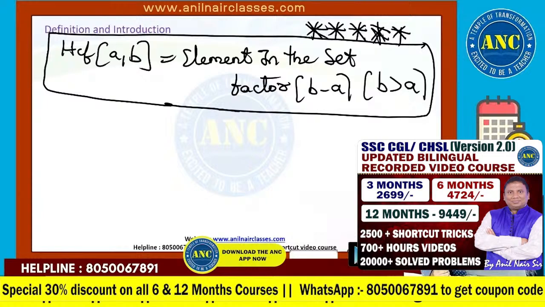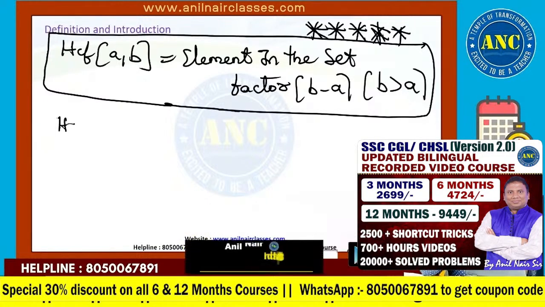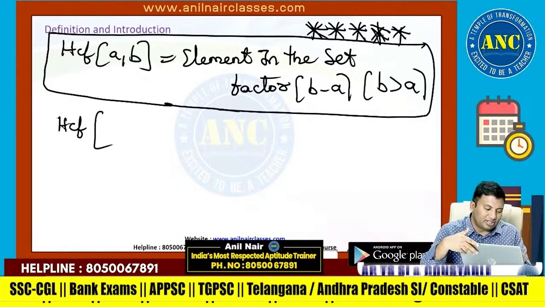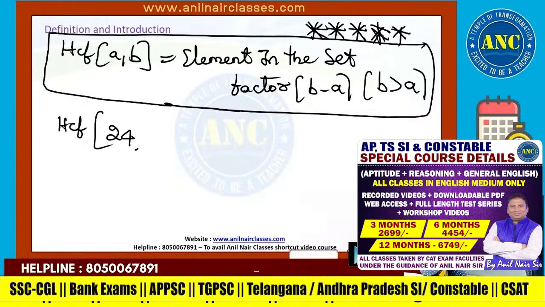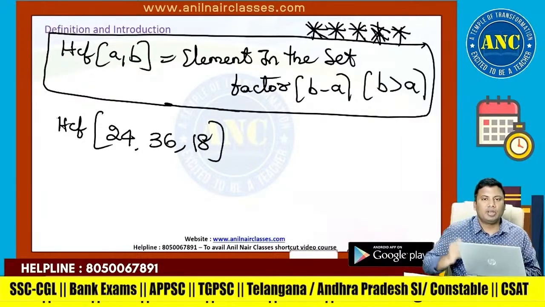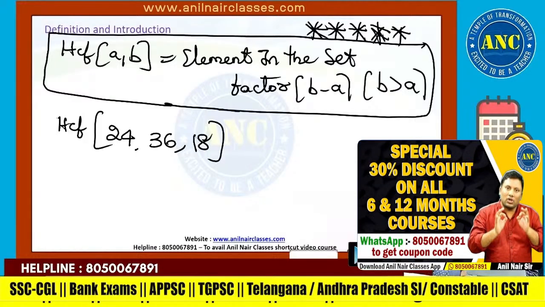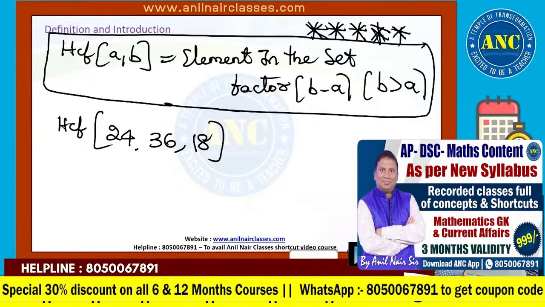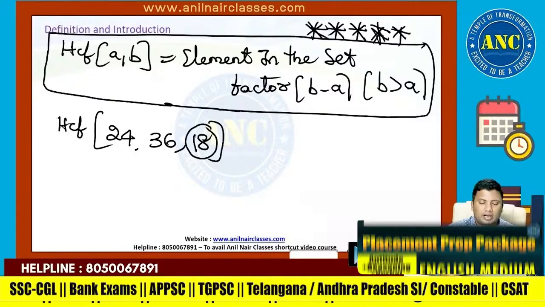Another important concept. Suppose if 3 numbers are there, suppose it is 24, 36 and 18. If 3 numbers are there, what you do is, what is the lowest number? 18.